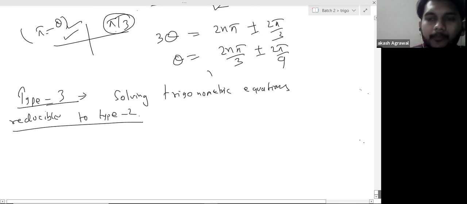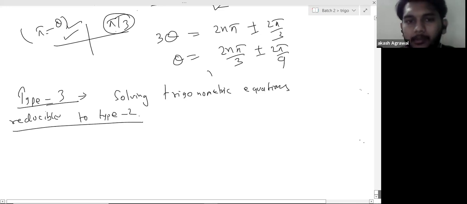What was type 2? Sine of something equals sine of another angle, cos of x equals cos of alpha, and so on.